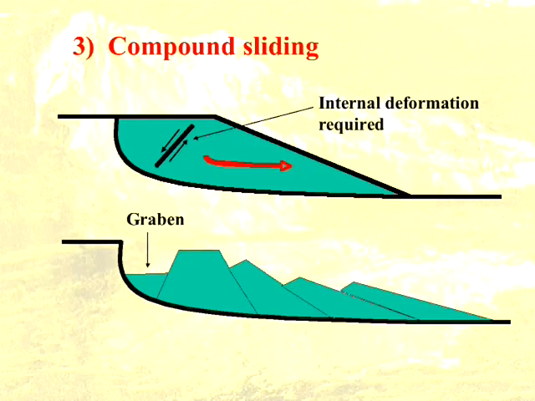And then there are many internal shears showing the internal deformation of the sliding body. Once you recognize these features, graben, horst, and multiple internal scarps, then you know that you're dealing with a compound slide.